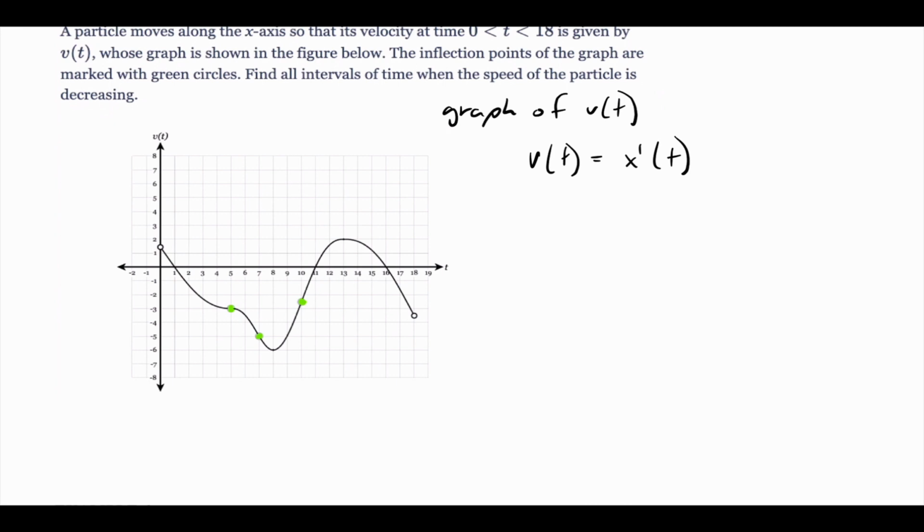Inflection points are in green. Find all the intervals of time when the speed is decreasing. So tell me about speed decreasing. When do we know speed is decreasing?